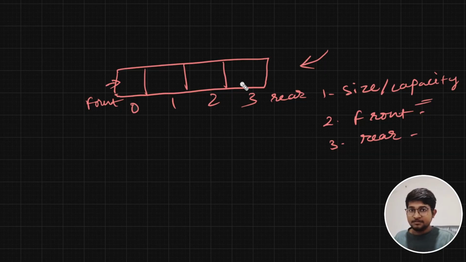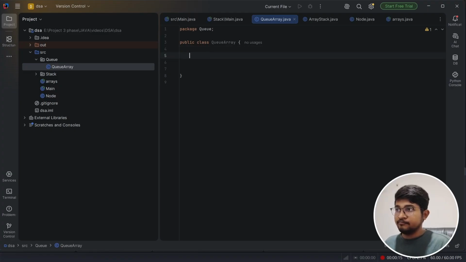Okay, now let's build this queue. I have created a folder, a package of queue, and inside that a class called queue array. So we are going to implement it using an array. First thing we need is a private array.